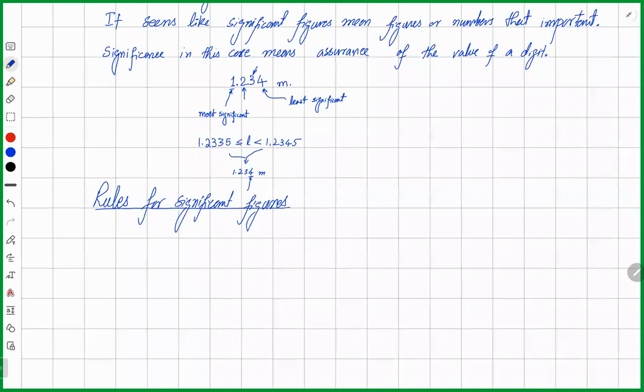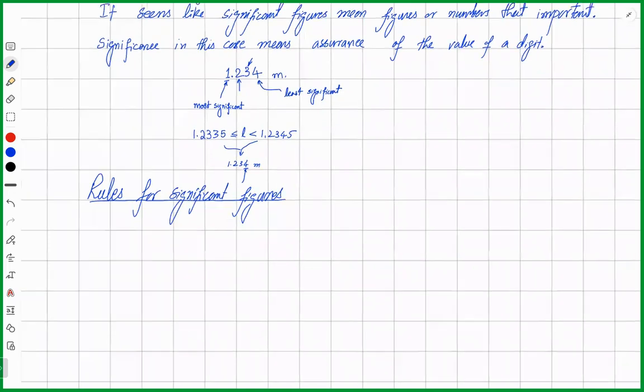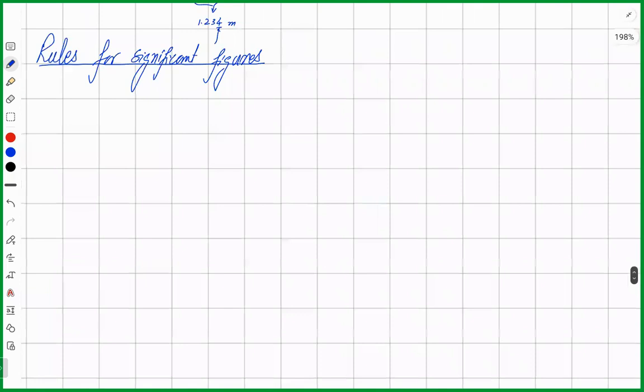Remember, significant figures don't depend on calculations. They actually depend on the measurements. What instrument do you use? What is the technique you are measuring something with? So significant figures are controlled by the measuring techniques, not the calculations.